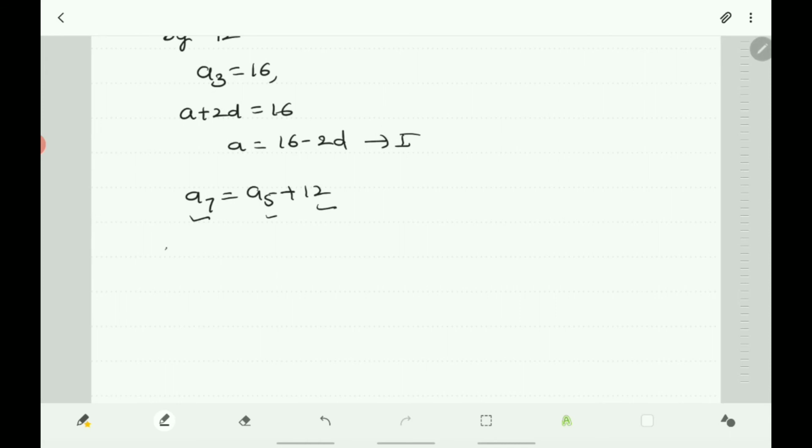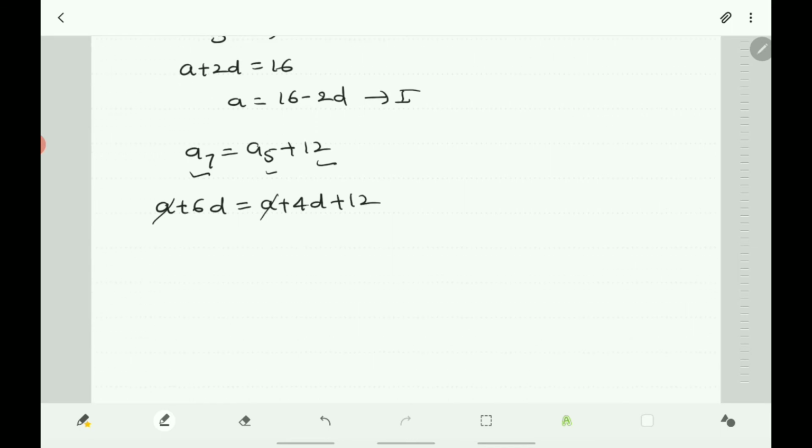That is A plus 6D is equal to A plus 4D plus 12. And A, A cancels here. Then 6D minus 4D is equal to 12. 6D minus 4D is 2D, which is equal to 12.